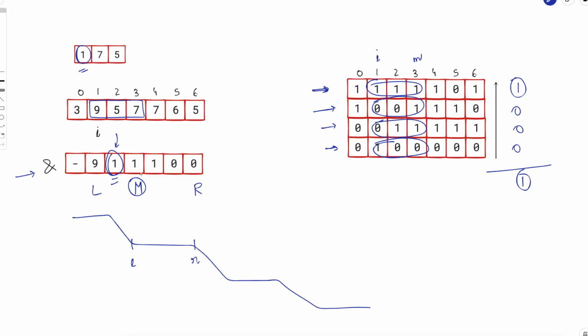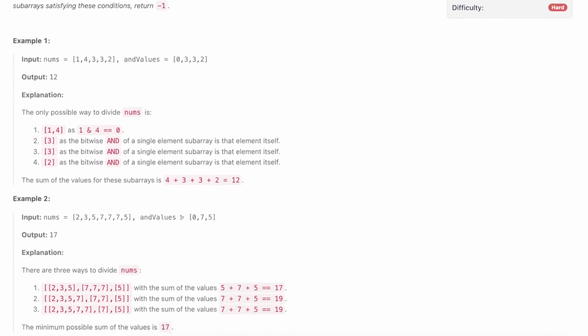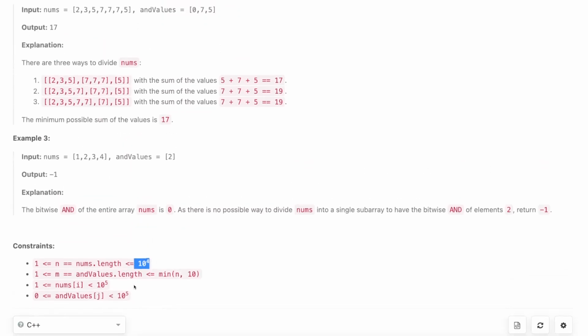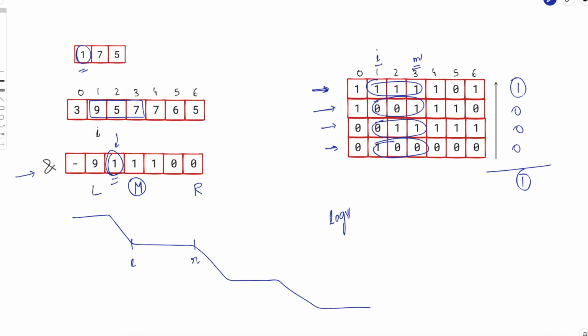So for each I to M, figuring out the bitwise AND, you are iterating over all the bits, and that will take order of bits time, which is also of the order of log of V, where V is the value, right? In the given problem, the value was also up to 10 power 5, so you can assume log of V as log of n itself.